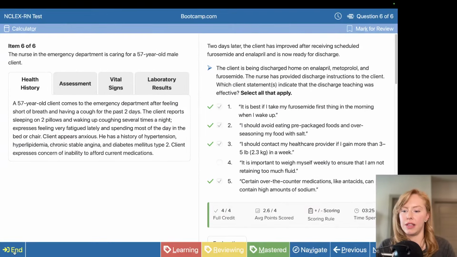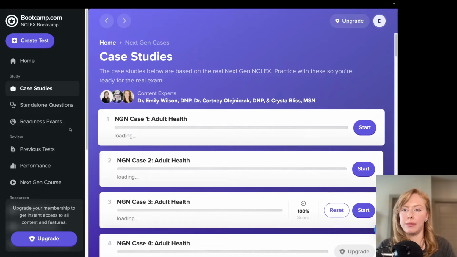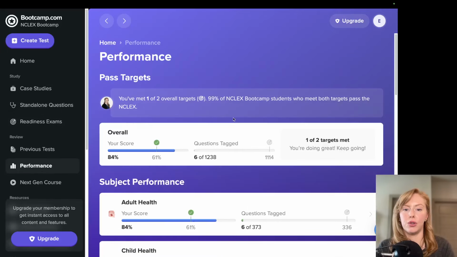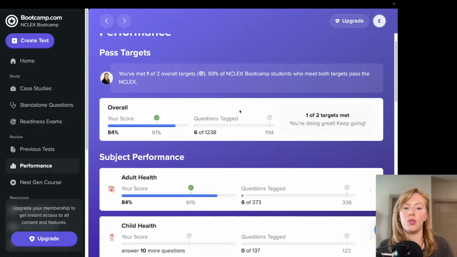So, and I'll show you guys what that looks like. So if you're using NCLEX Bootcamp to study, then you will actually be able to view your performance page here, and if you meet these two targets, so you answer at least 1238 of our questions and score 61% or higher, you will go on to have a 99% chance of passing the NCLEX. So that's a good goal to start with for a percentage to be at NCLEX.